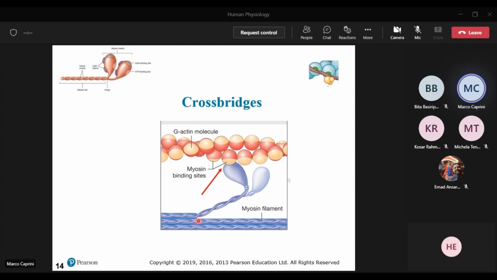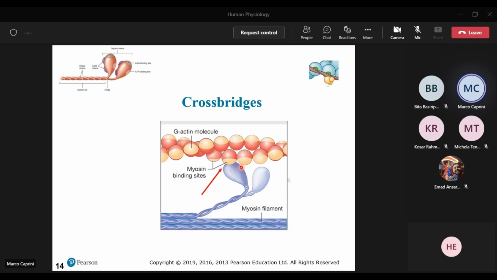It's obvious that if this protein can hydrolyze the ATP faster or slower, the functional property is to promote the contraction faster or slower, because it depends on the velocity at which the ATP is hydrolyzed.